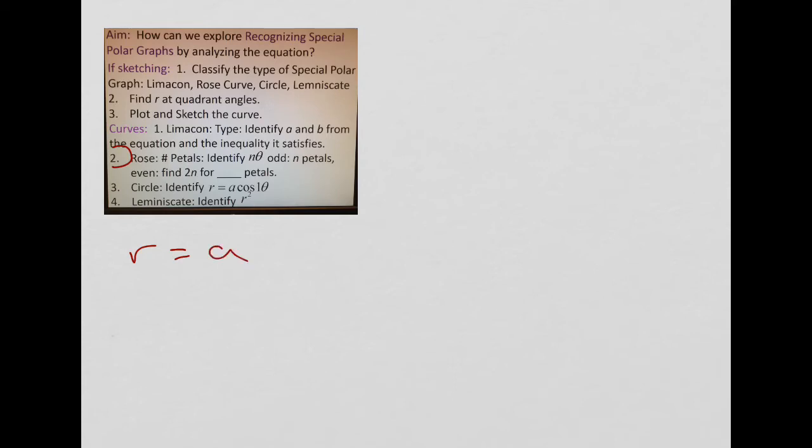There'll be a number times sine or cosine, but then there's another number, we're going to call it n, times theta, okay? So now we know that it's a rose curve, because it's in this format, and it has a certain number of petals.